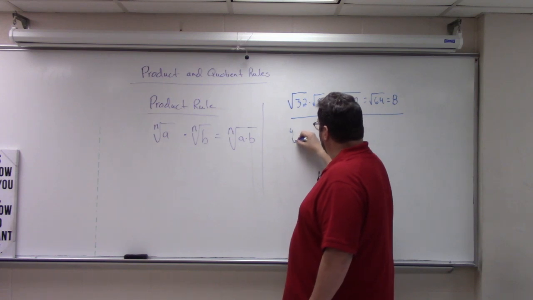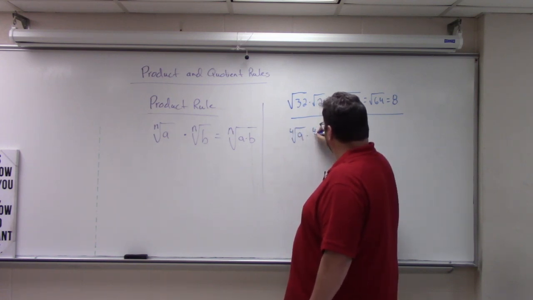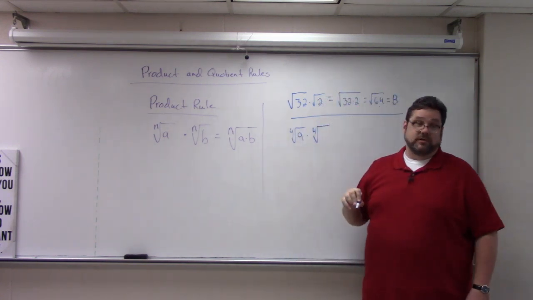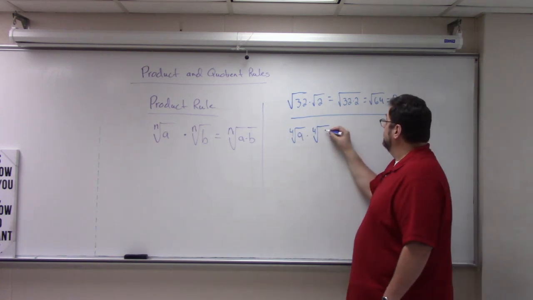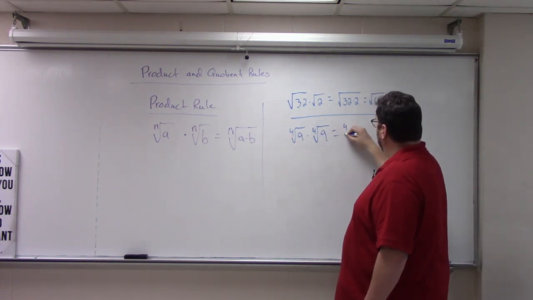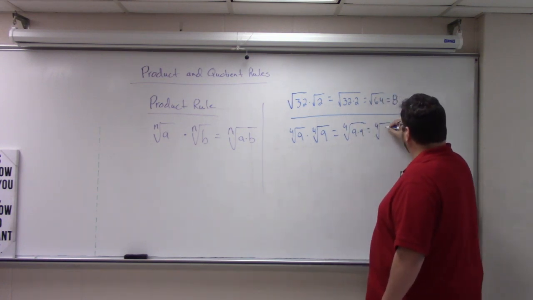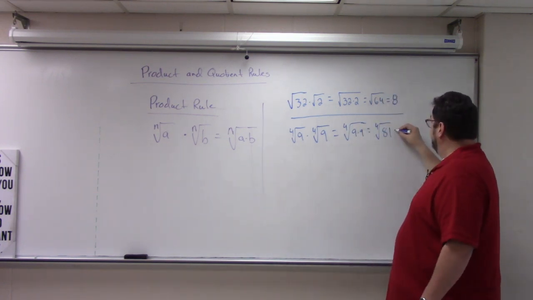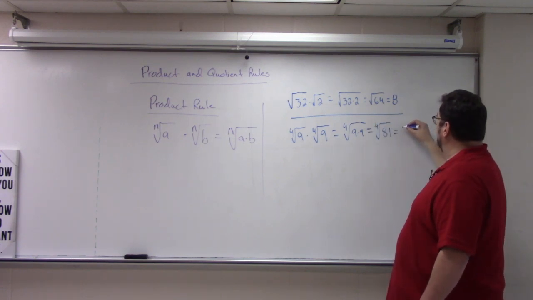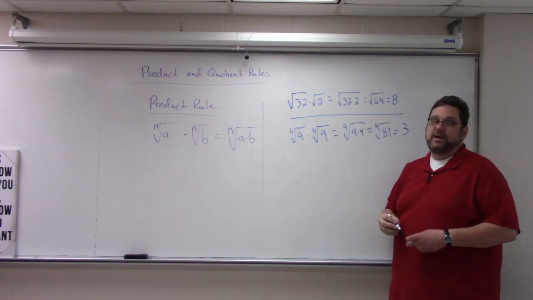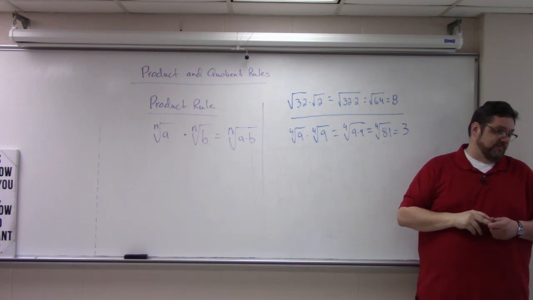The fourth root of 9 times the fourth root of 9 equals the fourth root of 9 times 9. That's the fourth root of 81. And if we were to figure out what the fourth root of 81 is, put it in the calculator maybe, we find out it's 3.